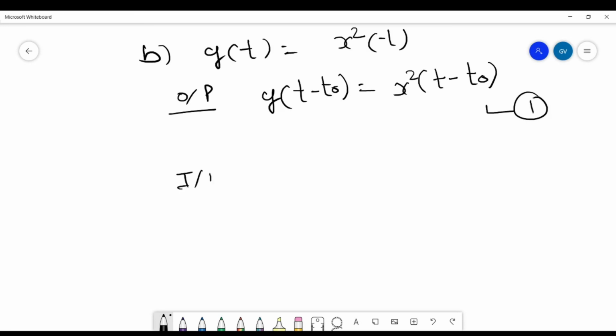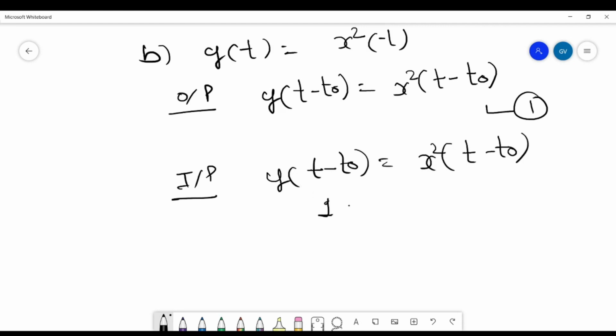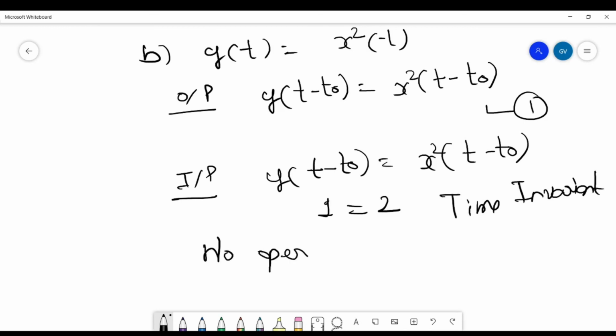Now if I make a change in input, then y of t minus t naught will again be equal to x square of t minus t naught, because there is no operation on t. So 1 is equal to 2. So this is time invariant, because there is no operation on t. That is why we are getting a time invariant system.